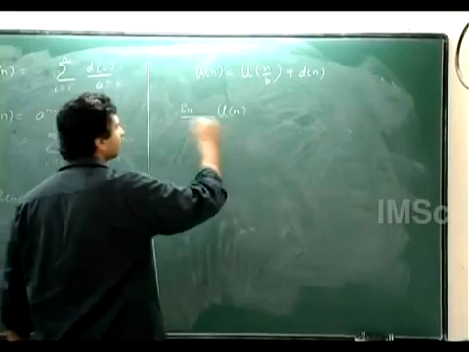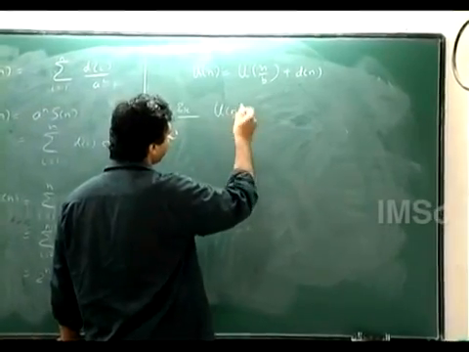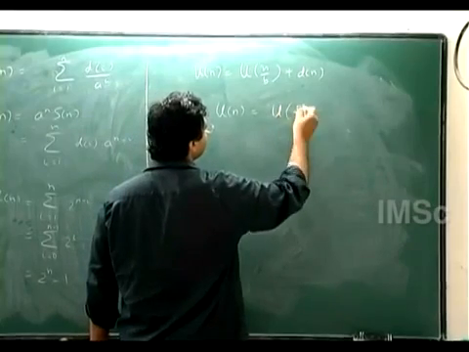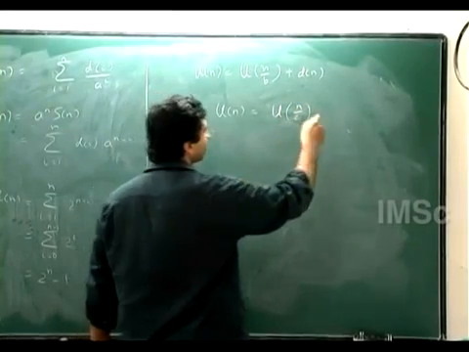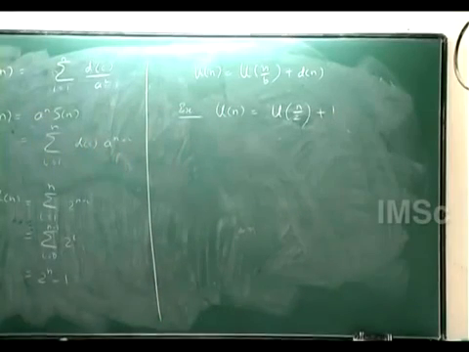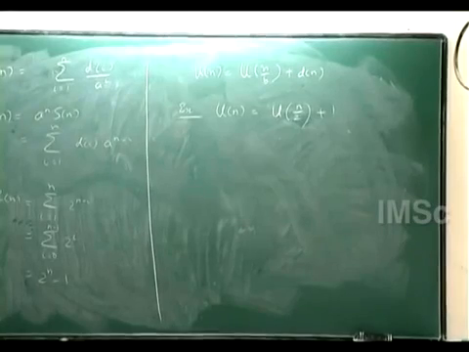For binary search, to search for a number in a sorted array of size n, you have to search in a sorted array of size n by 2 plus one comparison to the midpoint. Last lecture I mentioned that the floor and the ceiling usually cause a problem if you are doing the division.